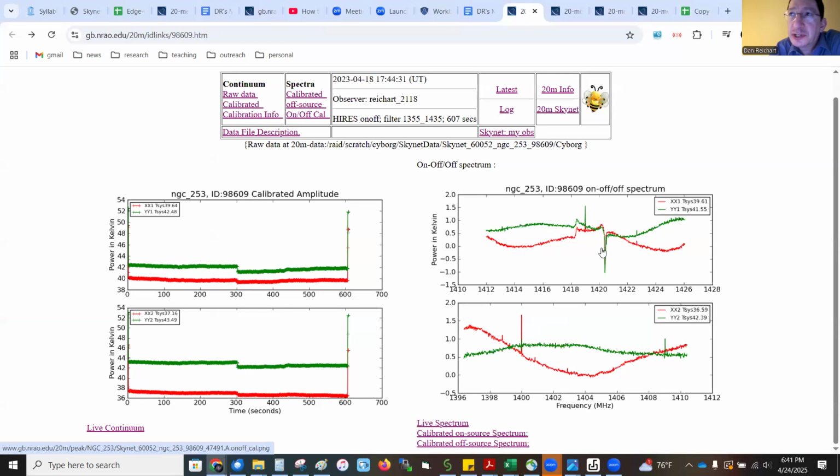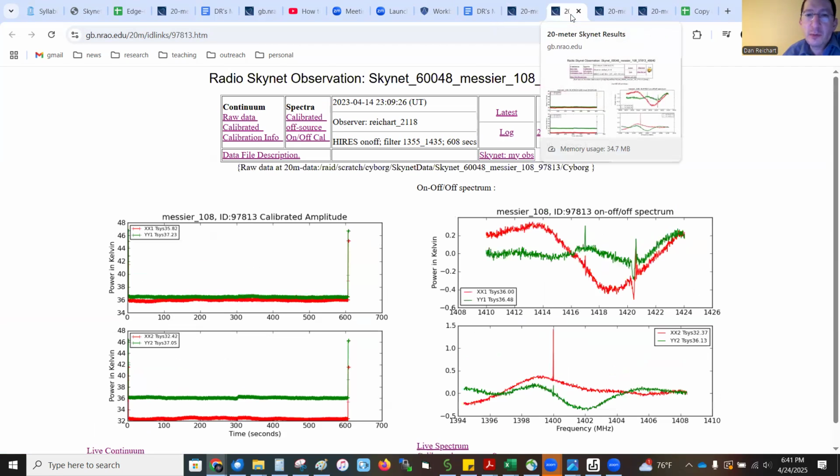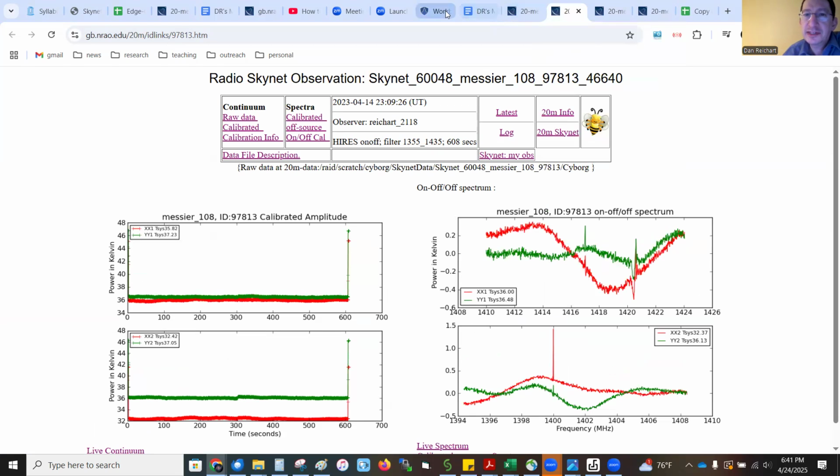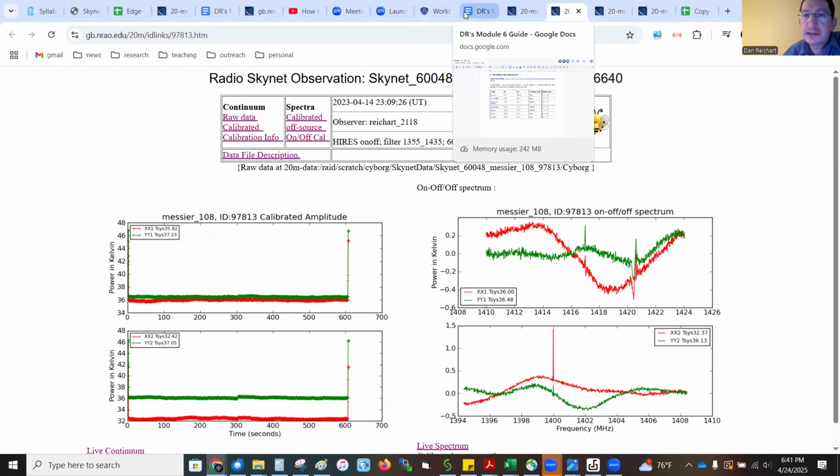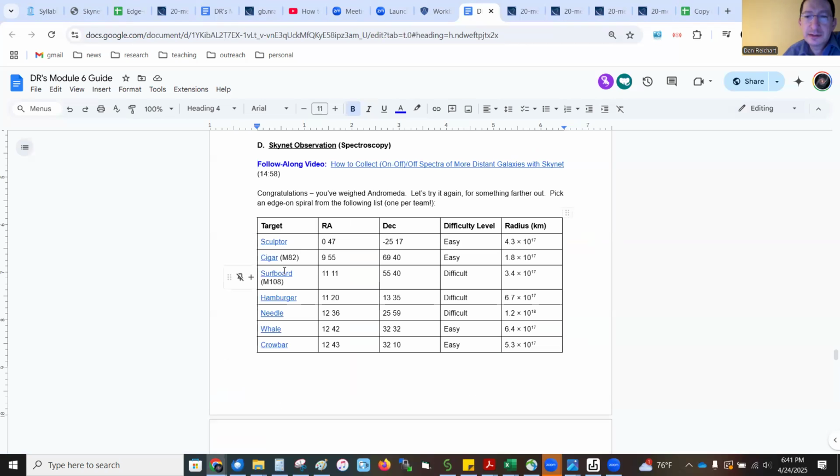I just wanted to briefly show you some of the more difficult ones, and then we're going to calculate physical quantities about these galaxies. So here are the 3 difficult ones. This is Surfboard, and then we'll look at Hamburger and then Needle.